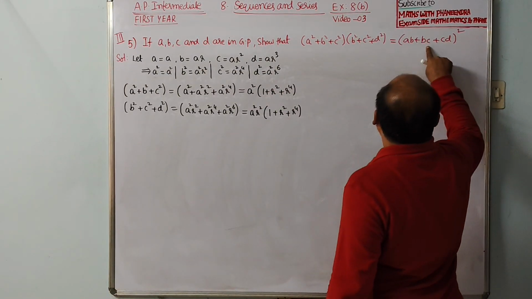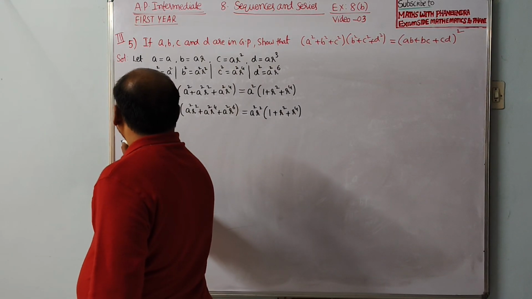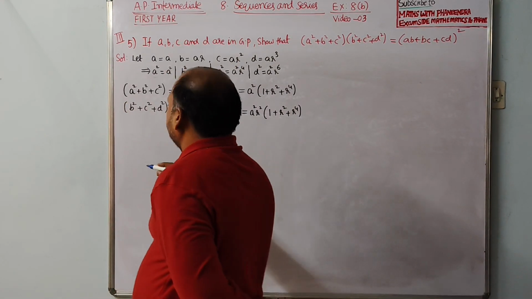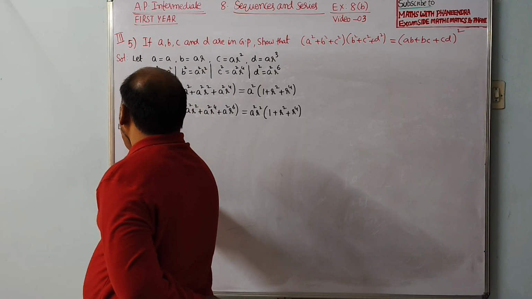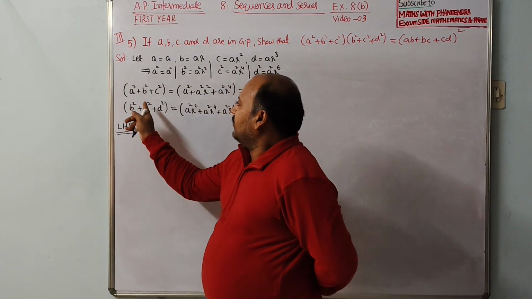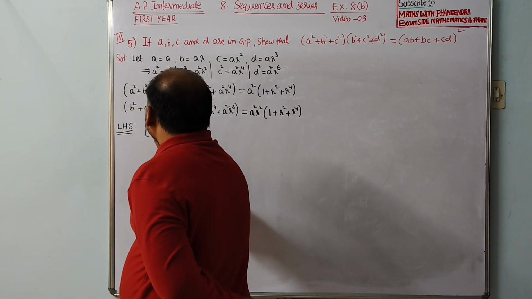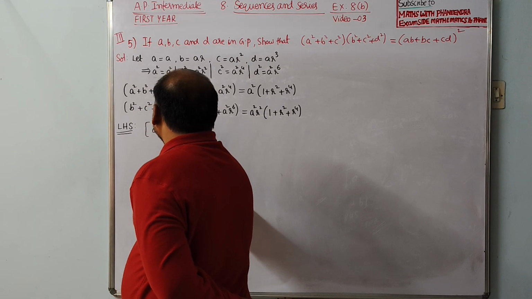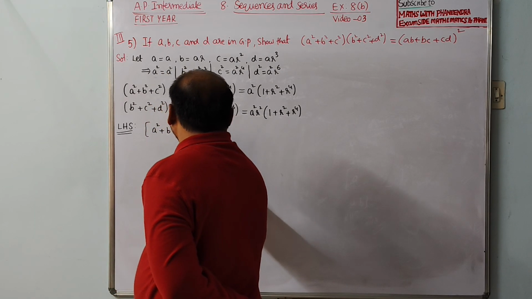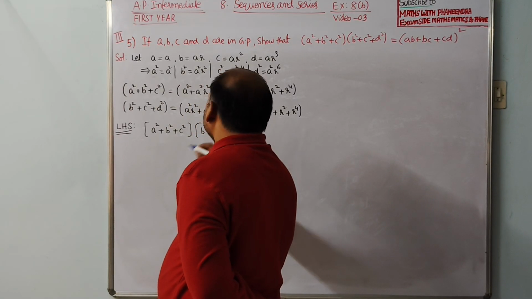Now, AB into BC we can calculate later, that is separate. First, LHS. What is LHS? The product of these two. So write it first: A square plus B square plus C square, into B square plus C square plus D square.